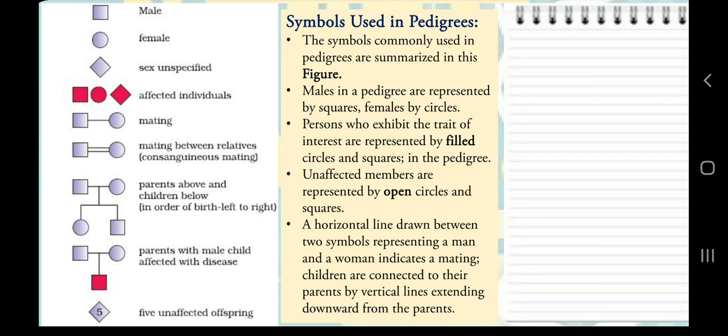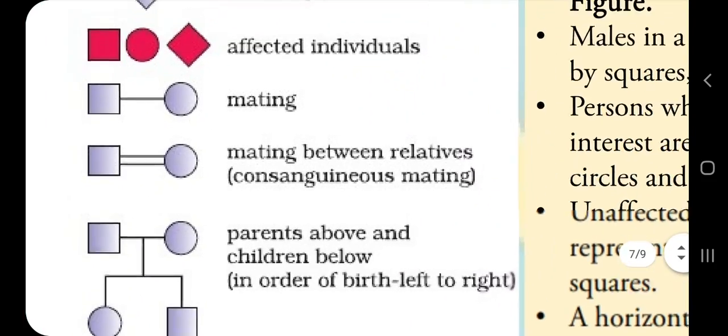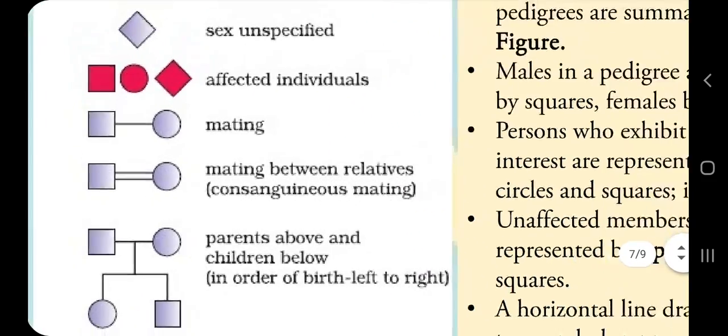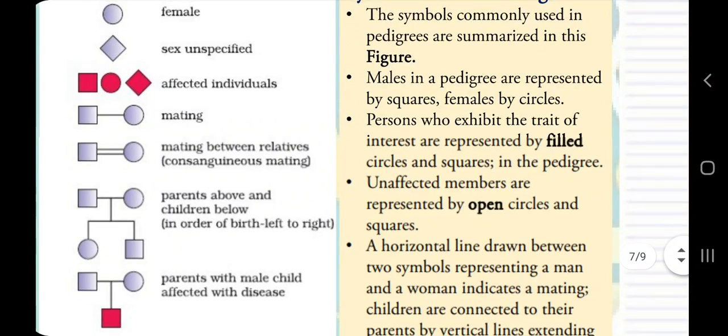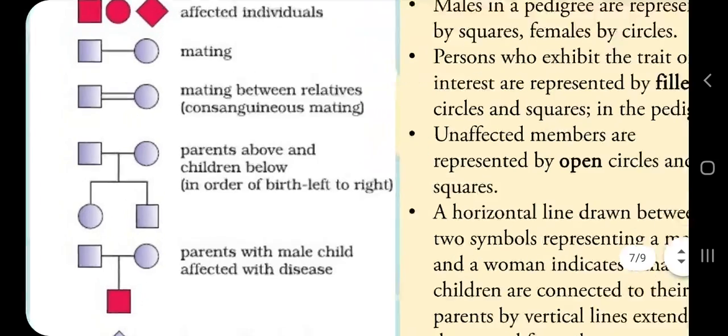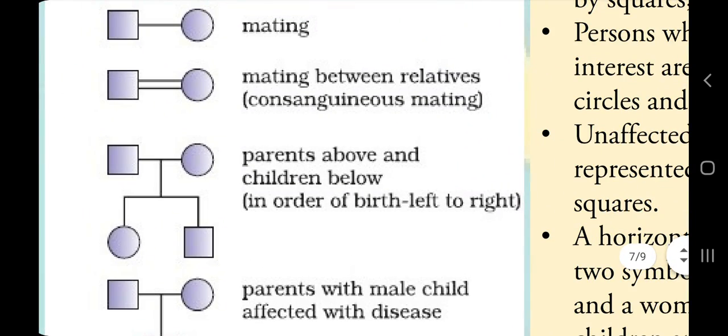Now if we darken those circles, squares and diamonds with any color, not essentially red, it may be black, these will be affected individuals, for example affected male, female and sex not specified. And this horizontal line represents mating or marriage between two parents. Now these two lines represent mating or marriage between close relatives.